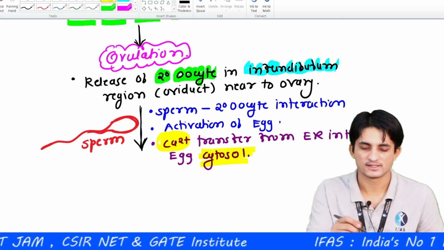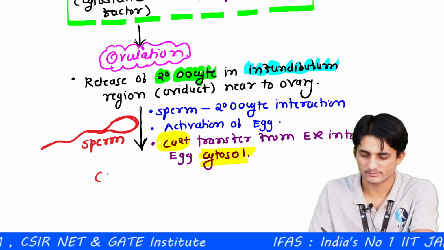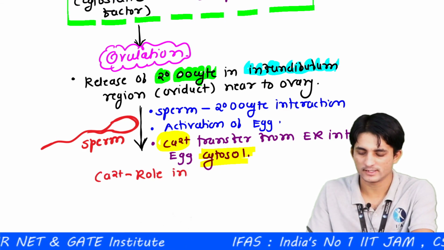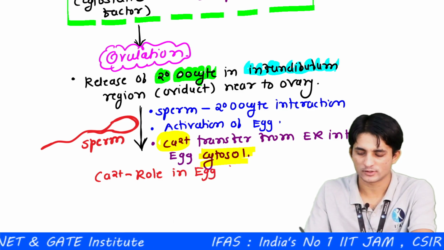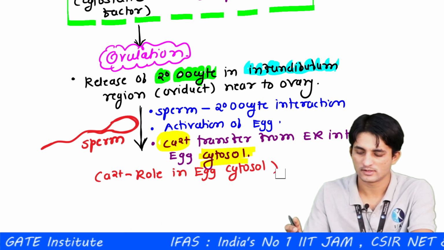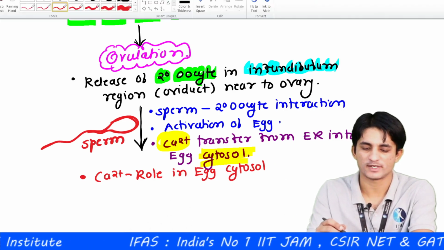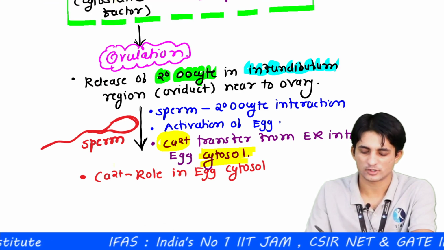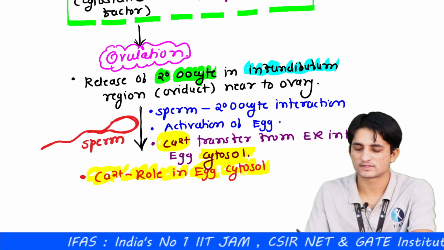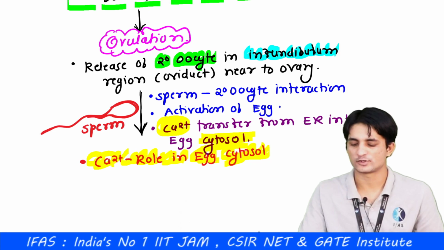As calcium comes into the cytosol, calcium plays a major role in the egg cytosol. This calcium plays a major role in the completion of the meiosis. So after sperm interaction, first calcium is released into the cytosol.